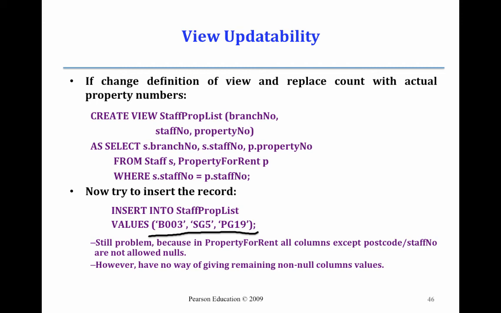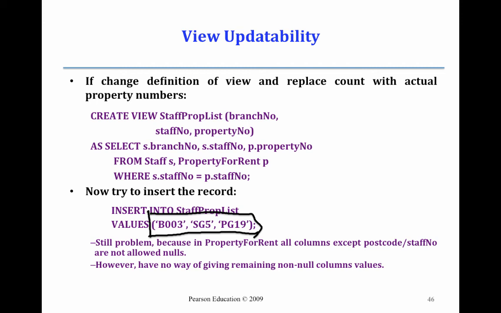Okay, so again, you think about it, you say, okay, this seems a little more plausible because if I go back to the original property for rent, it certainly has these 3 attributes. But then you start to think, wait a minute, it also requires an address, it requires an owner number, and you haven't provided any of that information, so again, the database manager will reject it because you haven't given it enough information to update the underlying base relation.